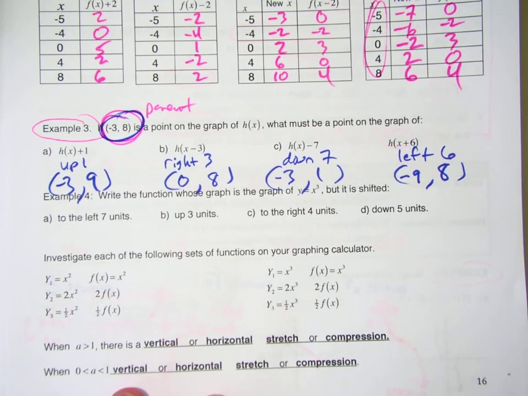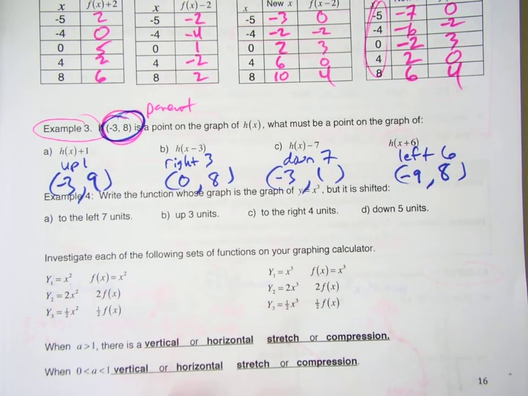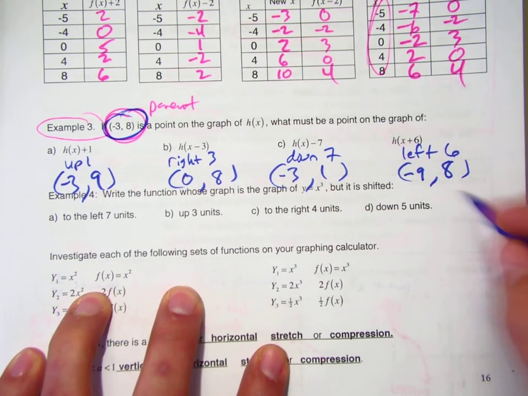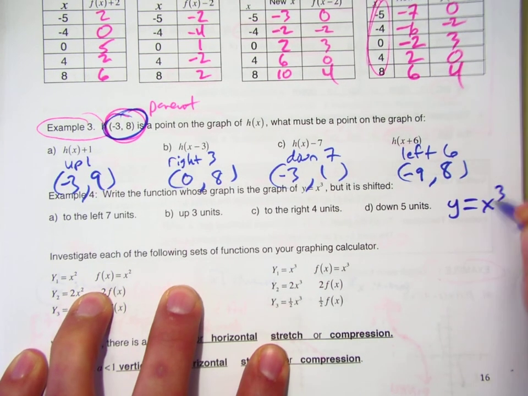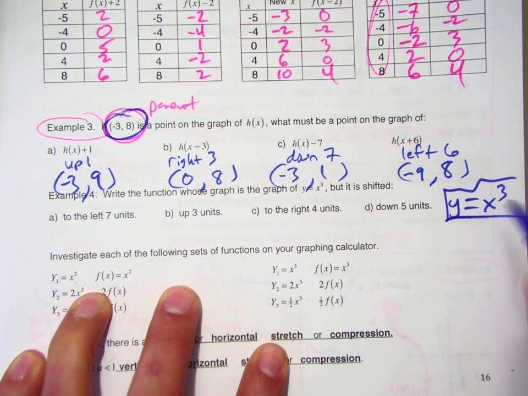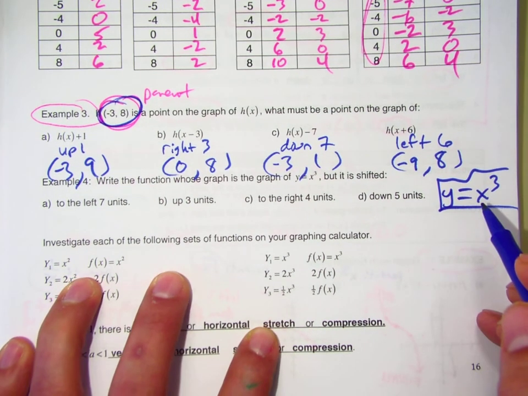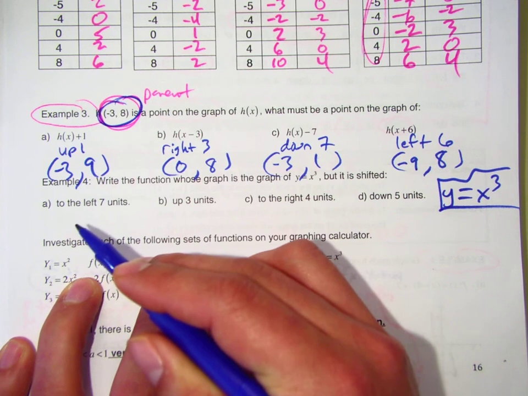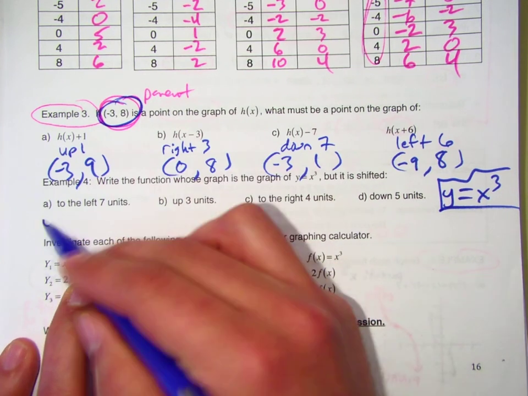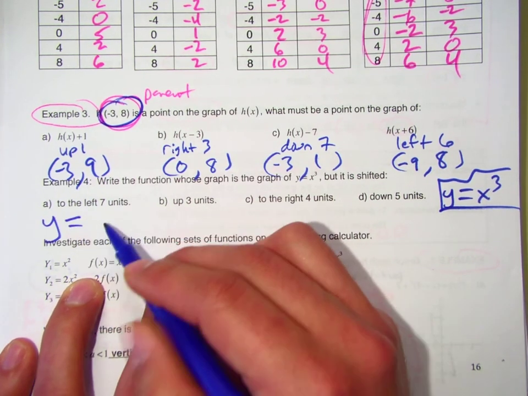Okay. Example 4. So here's the parent graph. We'll just do this one together. We're talking about x cubed. What would this equation have to look like if it actually gets shifted left 7? So instead of x cubed, it would be what?